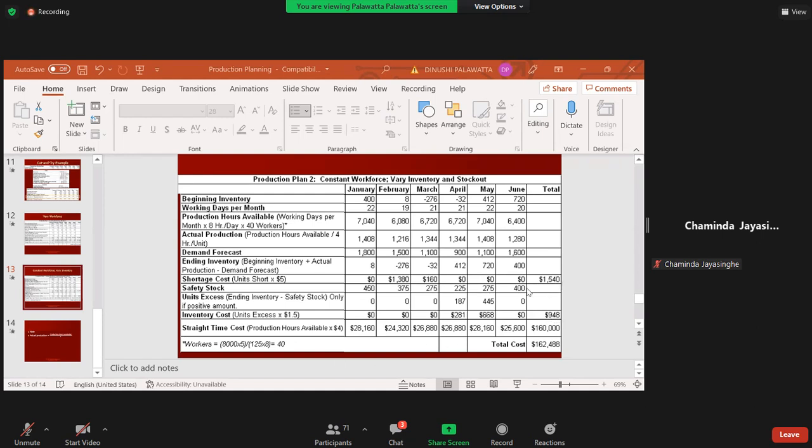And then the total cost of the plan is 1,540 plus 948 plus 160,000, to get 162,488. So now if you have questions, you can ask.